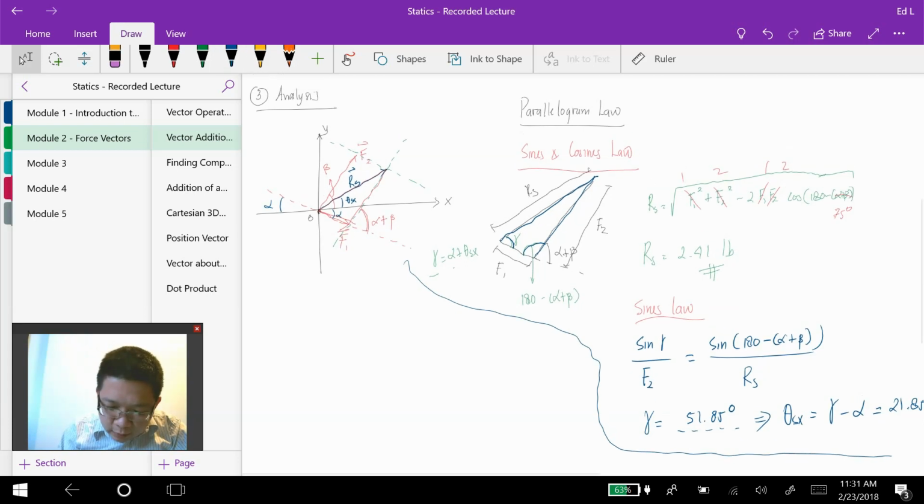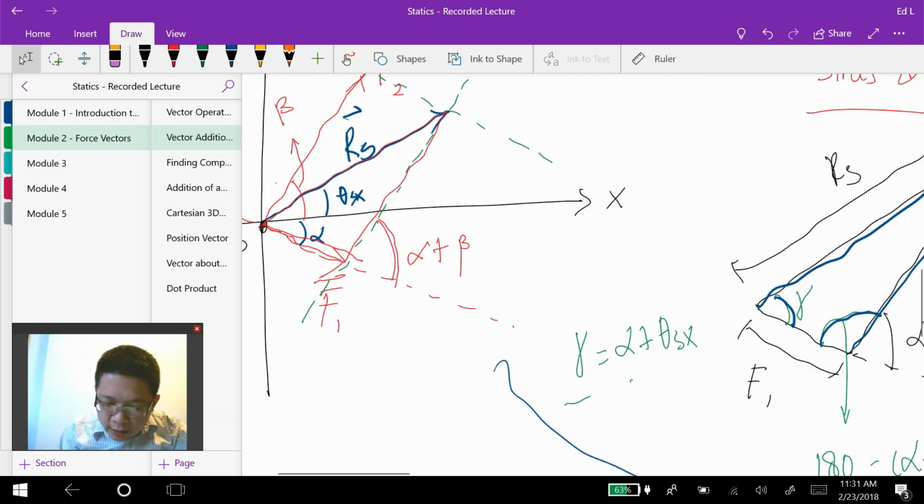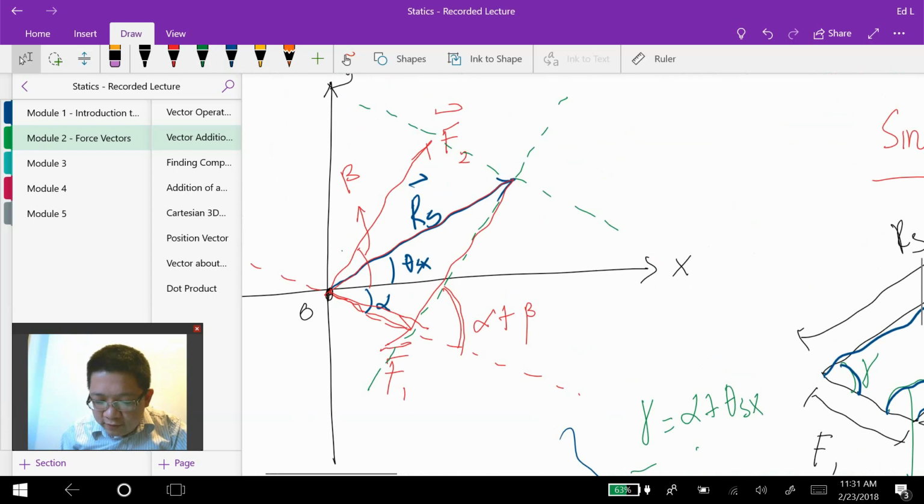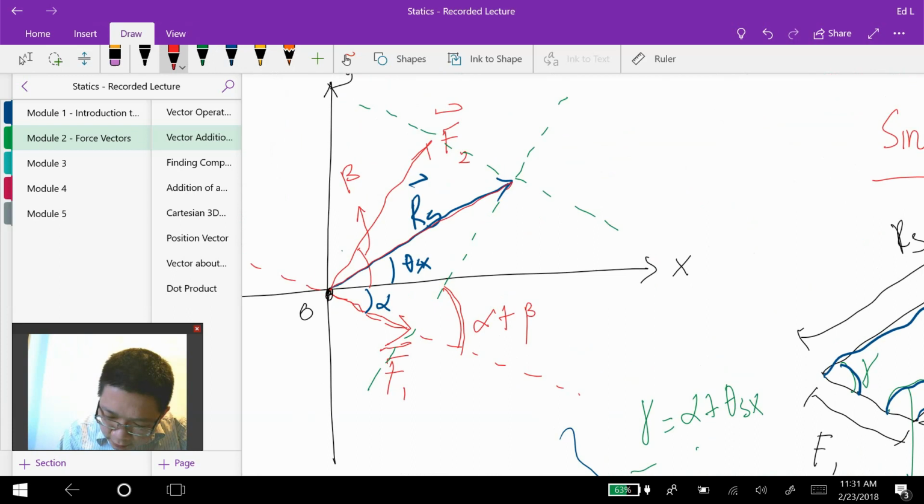So using the Pythagoras theorem, I'm going to zoom in on these figures properly such that you can see that this triangle that I drew in red is not a right triangle.